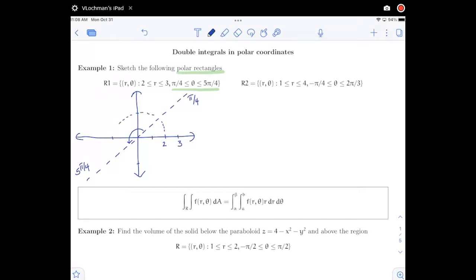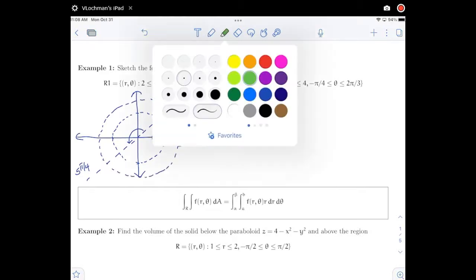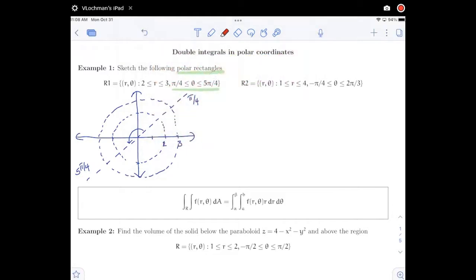So here's my circle of radius 2, and this is a circle of radius 3. But we are bounded by the angles, between pi over 4 and 5 pi over 4. So what I get is this piece right here. We would be integrating something over this region. Not exactly a rectangle that we're used to thinking of. This is definitely not a box.